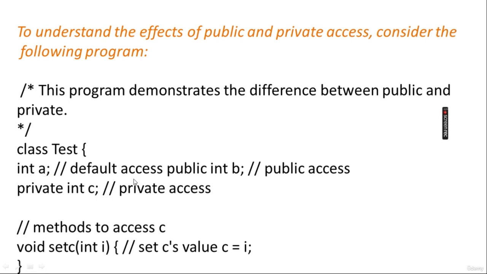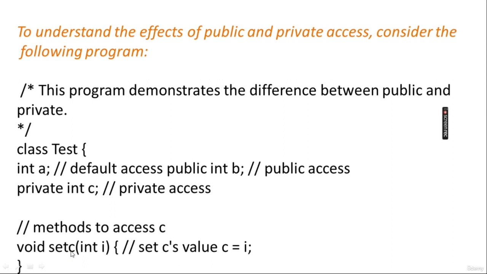This is int a, by default public, default access. int b, public access, and private int c, private access. So int a and int b have default access, that is public, and int c is private.